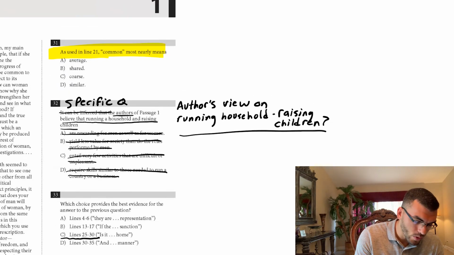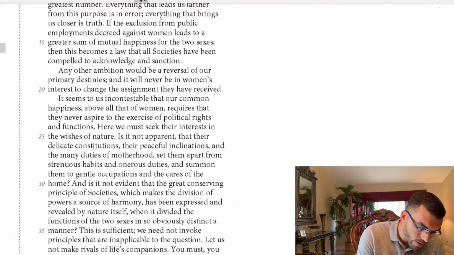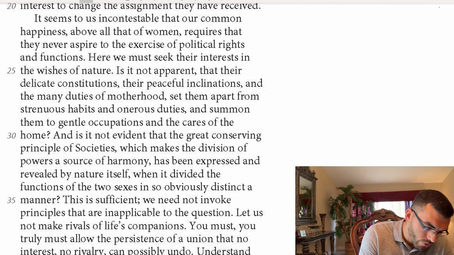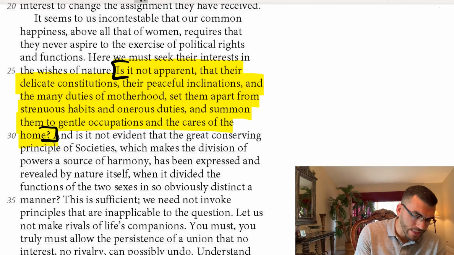So let's go to lines 25 to 30 and see if that even talks about running a household and raising kids. So it starts on "Is it not apparent" and it ends on "home." So I'm going to put the brackets to make it easier to focus. And we're going to see if this even talks about running a household and raising kids.